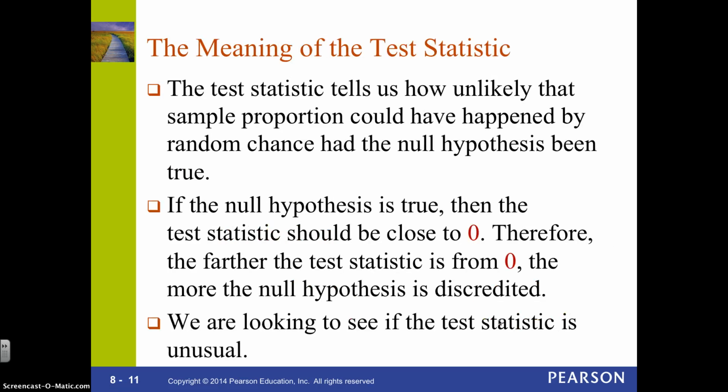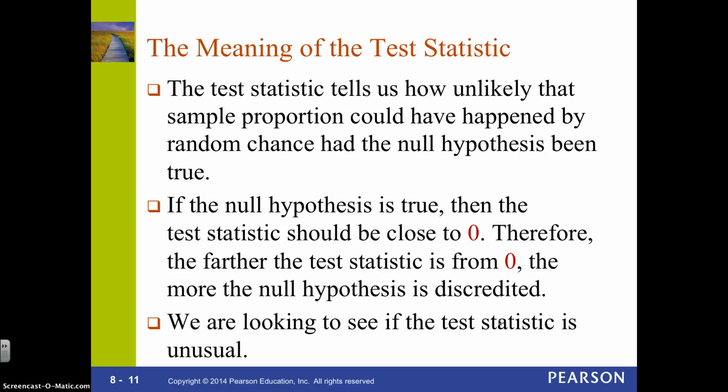The test statistic tells us how unlikely that sample proportion could have happened by random chance had the null hypothesis been true. So what we're doing is calculating the probability that we could be somewhere far away from what we think is true.